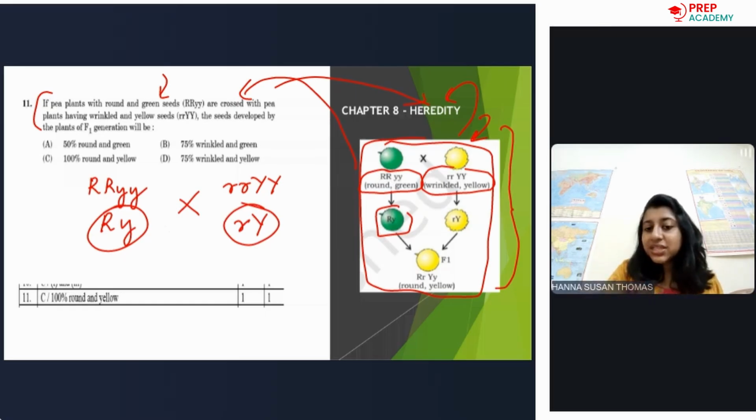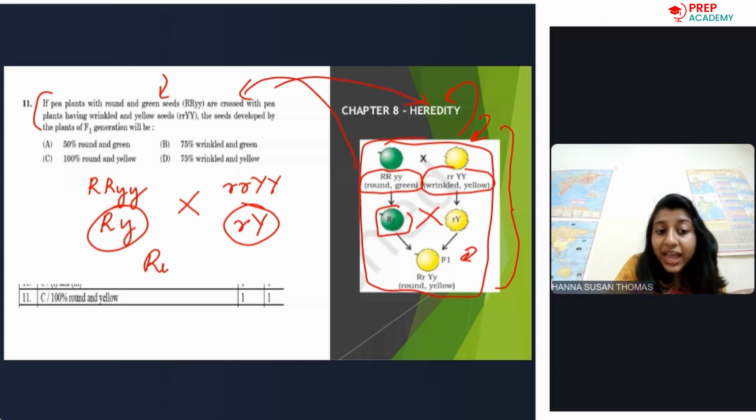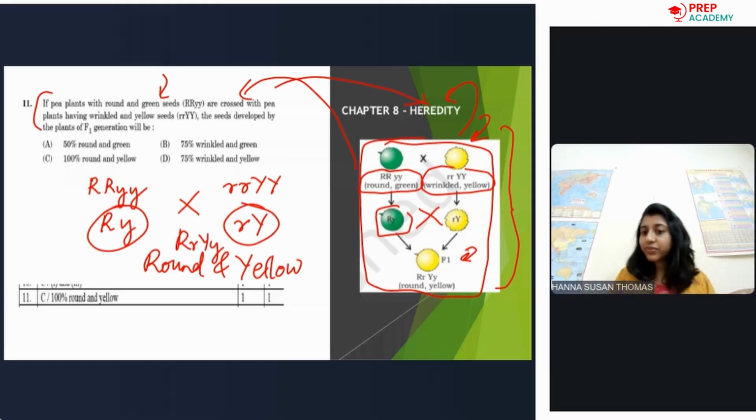When these two plants are crossed together, we will get the F1 generation. And what is the peculiarity of this F1 generation? It will exhibit round and yellow, capital R, capital Y, small y.